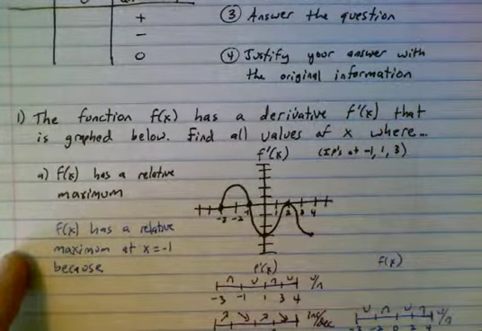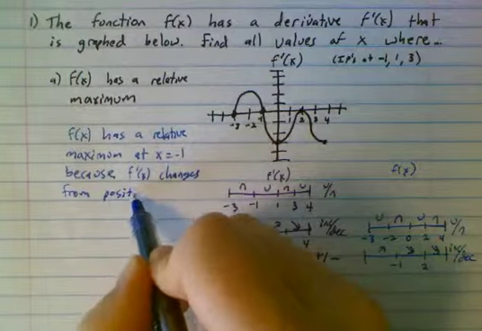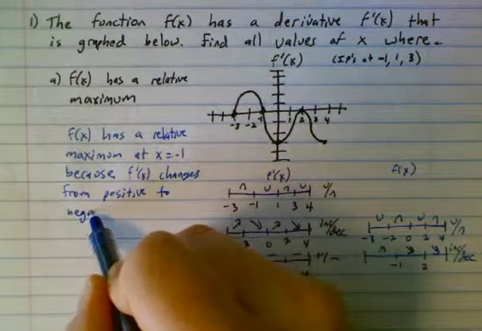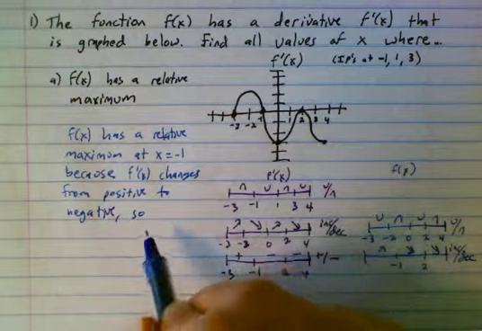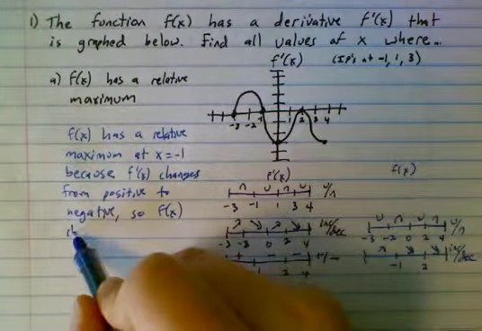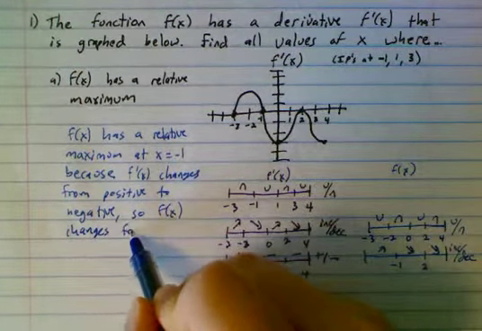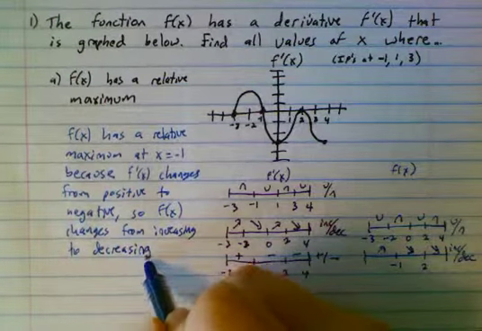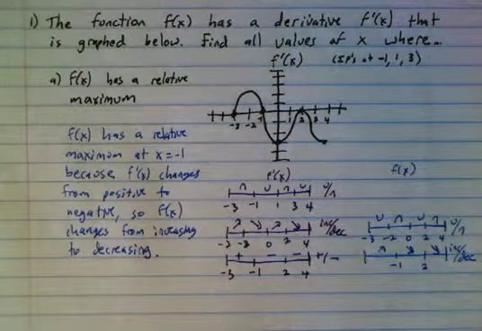So at -1, the reason that we have f of x changing from increasing to decreasing is because f prime of x changes from positive to negative. And voila, there's our answer.